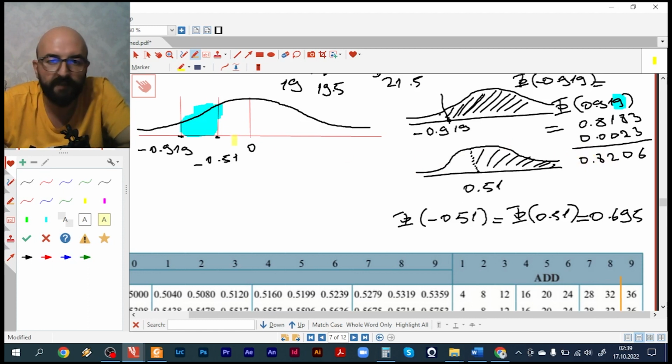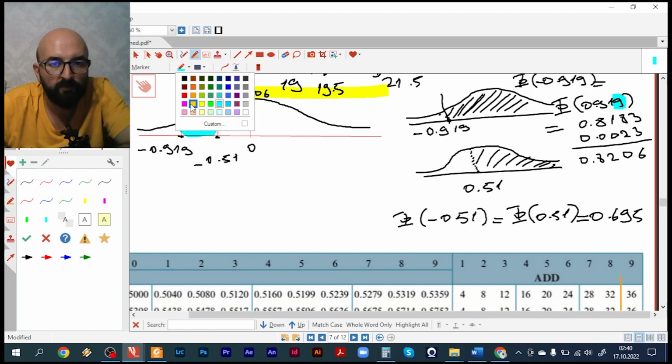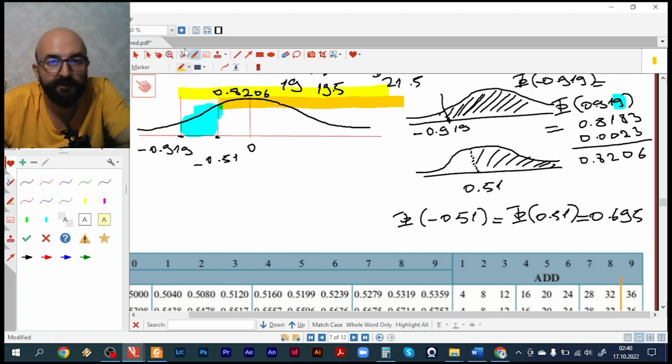We could find this area, yellow, which means 0.8206, and we could find this big area, which means 0.695.